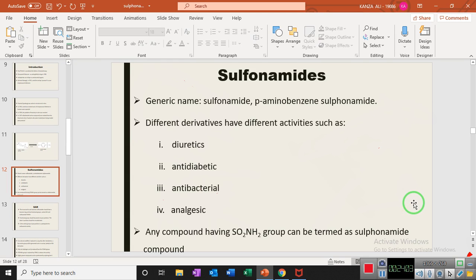We have got a number of compounds which are used as analgesics. Analgesics are the compounds which are going to relieve the pain.